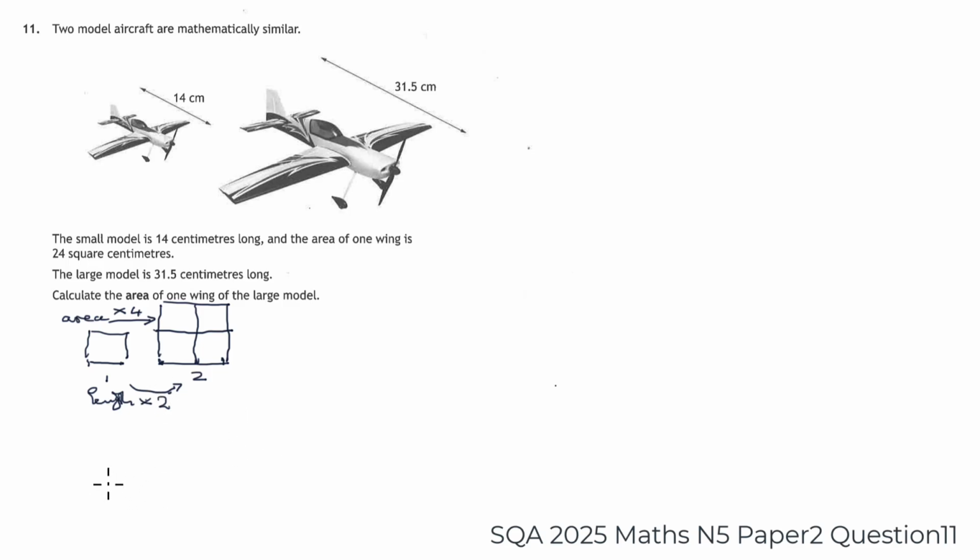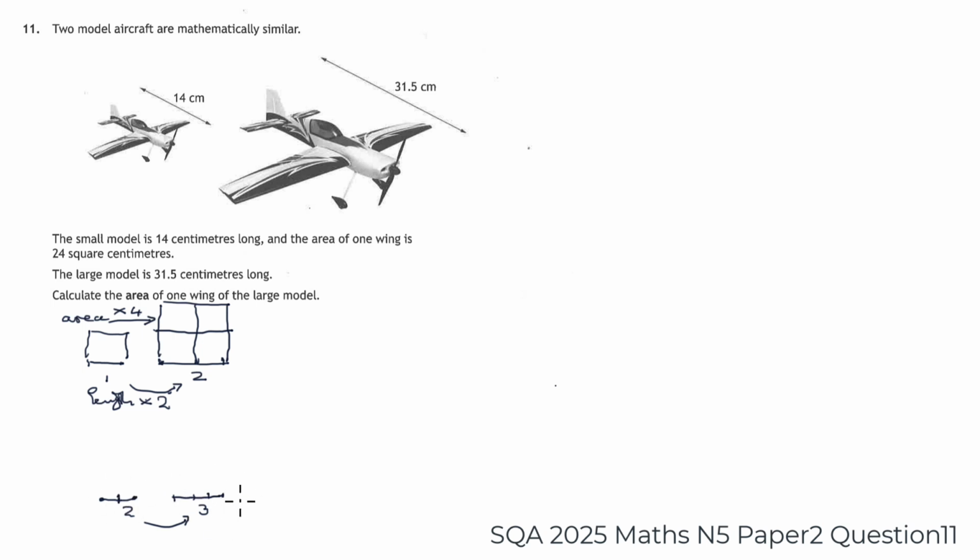Let's do another little example. If we have, for instance, a length of 2 going to a length of 3, then the scale factor there for the lengths, we've multiplied by 1.5. That's the whole length 2 plus a half of 2.